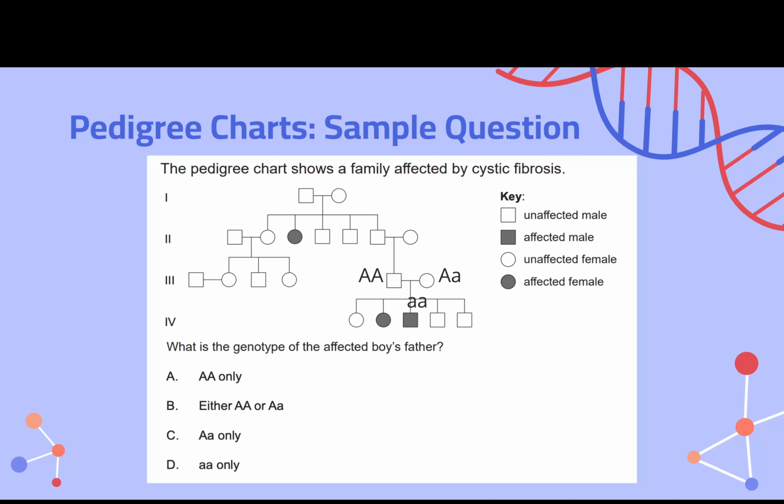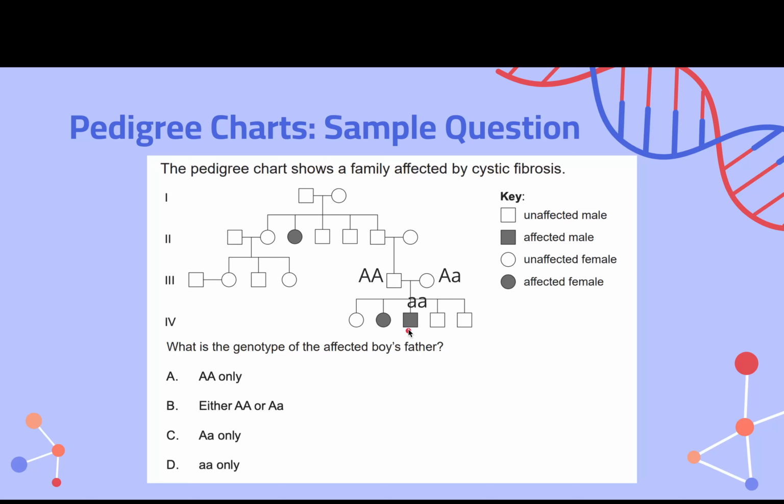So we know we're talking about cystic fibrosis, which we know is an autosomal recessive disorder. So anyone who's affected will have to have the double recessive, or the homozygous recessive pair. So we know for sure, 100%, that the boy has cystic fibrosis and therefore has a homozygous recessive pair.